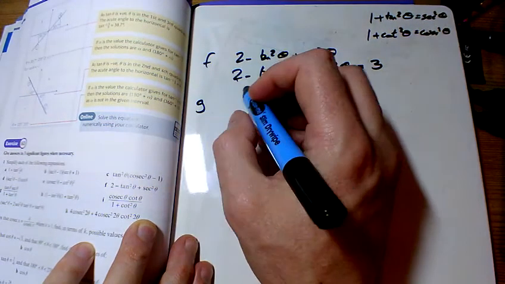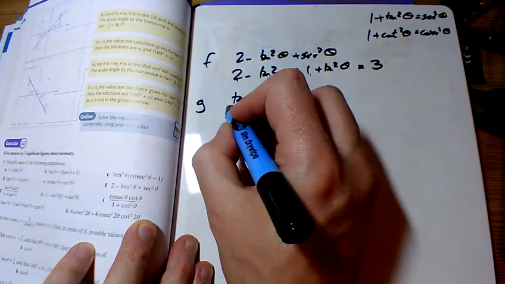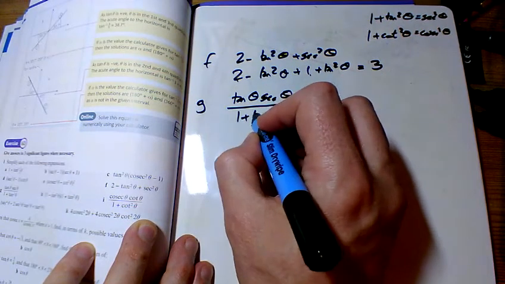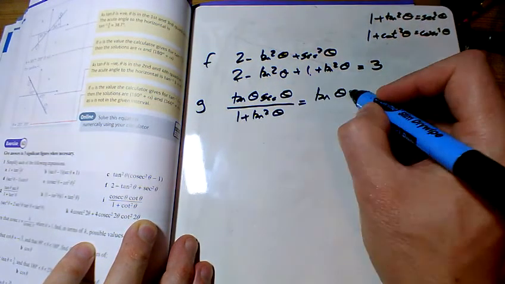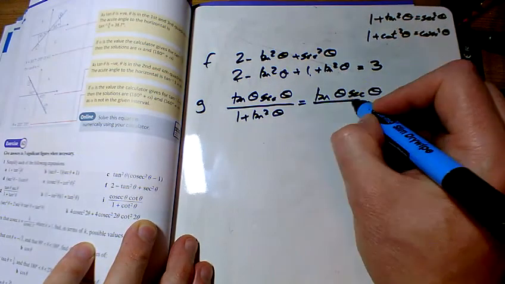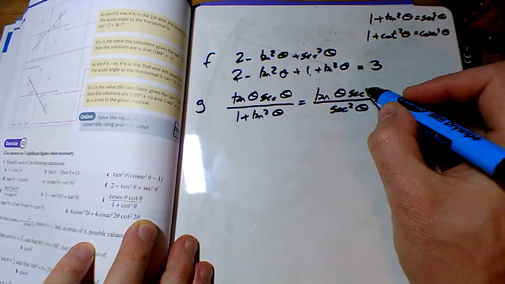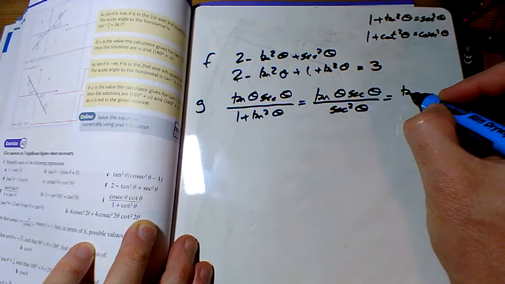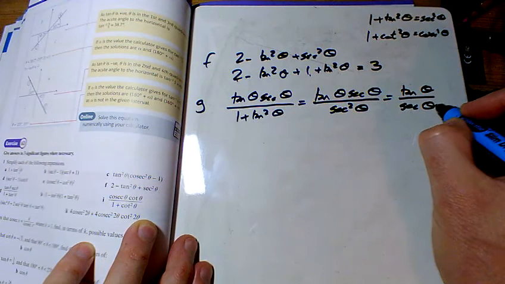What have we got for G? We've got tan theta sec theta divided by 1 plus tan squared theta. 1 plus tan squared theta on the bottom is the sec squared theta. So the secs are going to cancel out, leaving us with a tan theta over a sec theta.